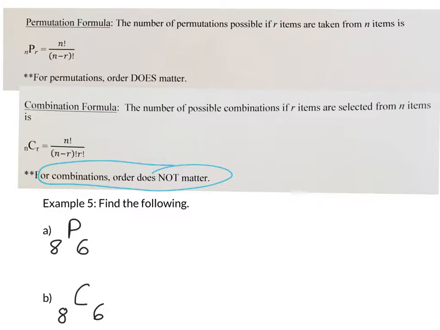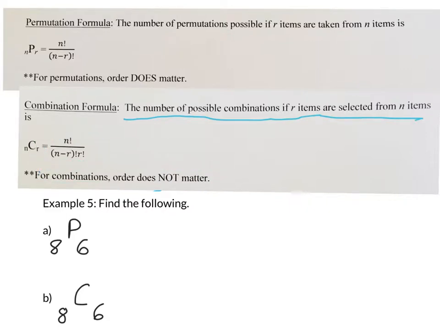So the combination formula says the number of possible combinations if R items are selected from N items is, and again, here's the official formula, but it is programmed and ready to go in your graphing calculator. So to save us time, I'm just going to use the button in the graphing calculator. Just like with the permutation formula, N and R are subscripts when we write it out.